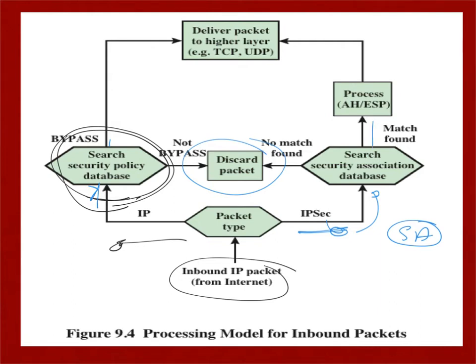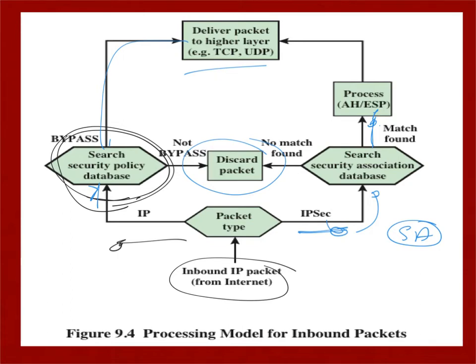If there is a match and everything is decrypted and the packet is authenticated, which is very important, meaning the MAC is valid, I will send it up. And everything is sent up, meaning sent to TCP.